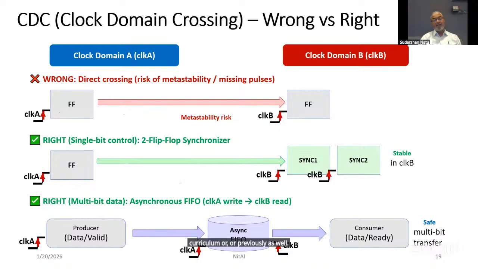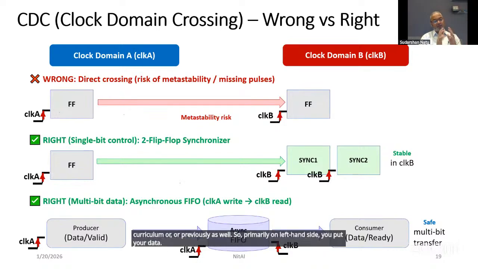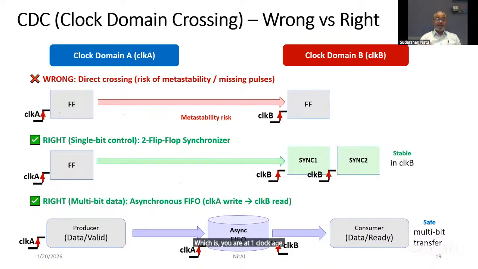On the left-hand side you put your data at one clock edge, and the output is taken at a different clock edge, which is clock B. Both are mapped to this entire FIFO buffer, so that there is the input and there is the output.